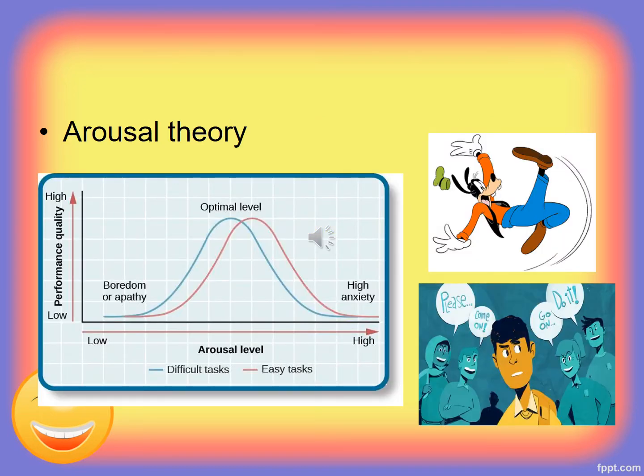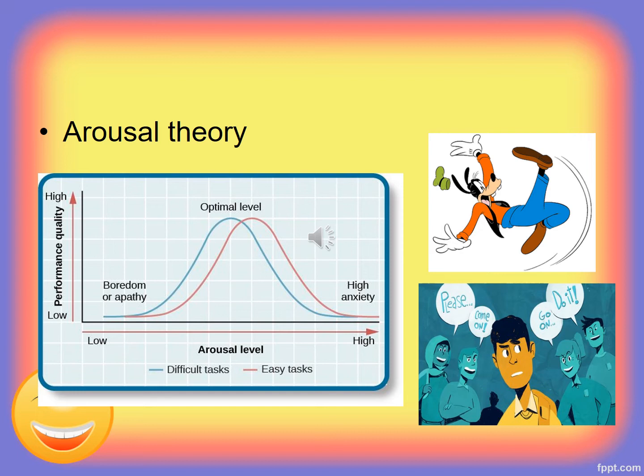In arousal theory, it actually says that if we have an optimal or ideal level of tension, it is actually good for us because it can motivate us to work on the task. So for example, if the task is too easy, the level of arousal will be too low, so it can cause some boredom and make people feel lazy and not really want to work on it.